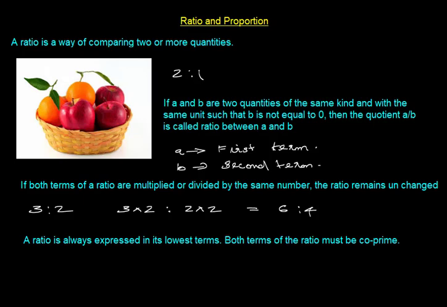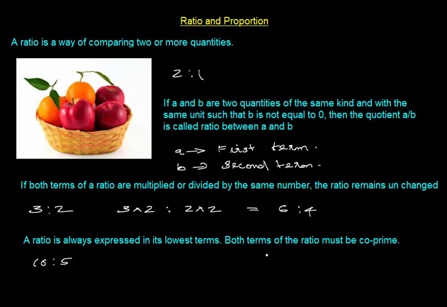A ratio is always expressed in its lowest terms. Both terms of the ratio must be coprime. If a ratio is not in its lowest form, then divide each term by its HCF. For example, 10:5 is not in its lowest form because the HCF of both its terms is not equal to 1.